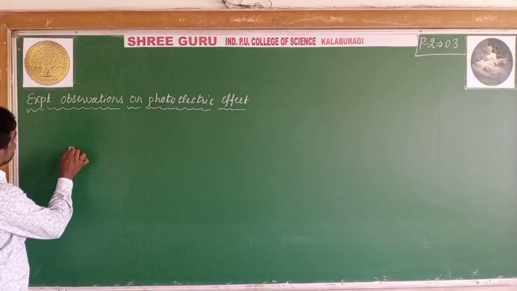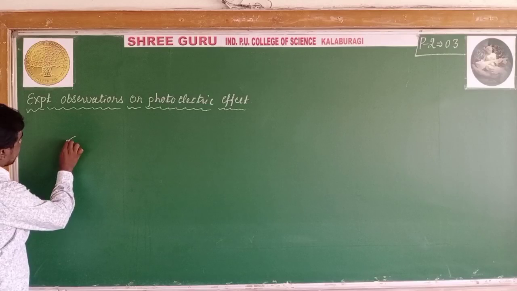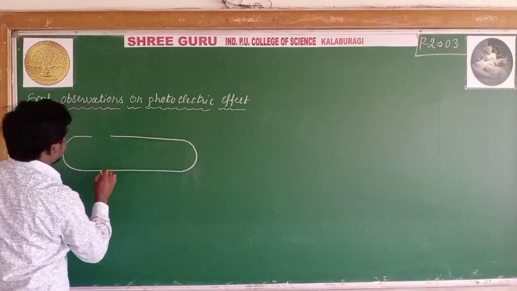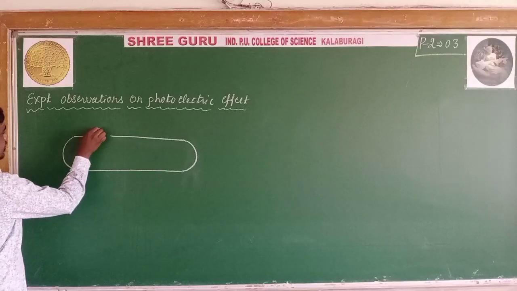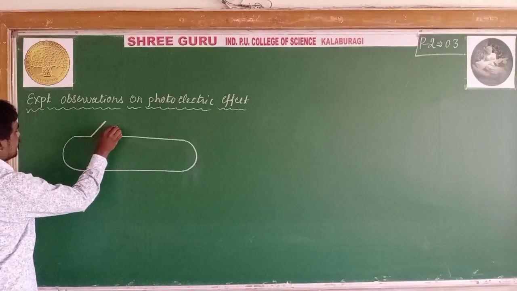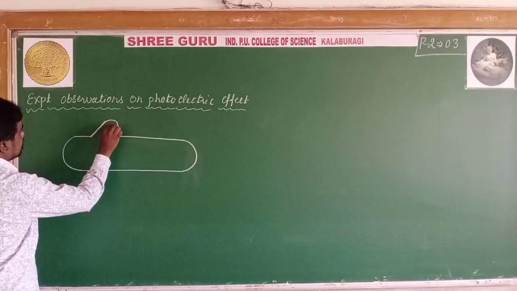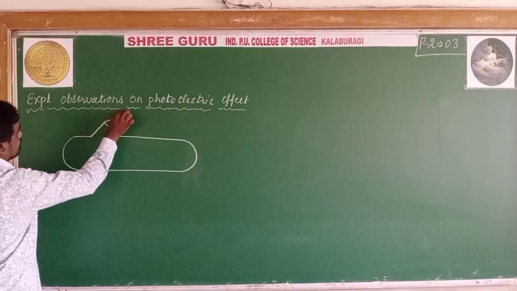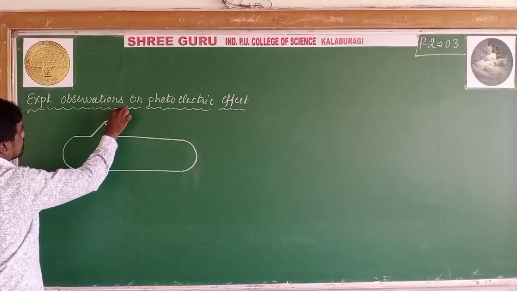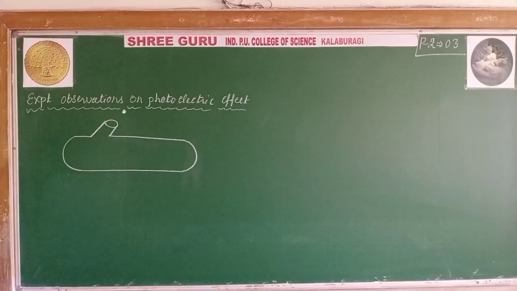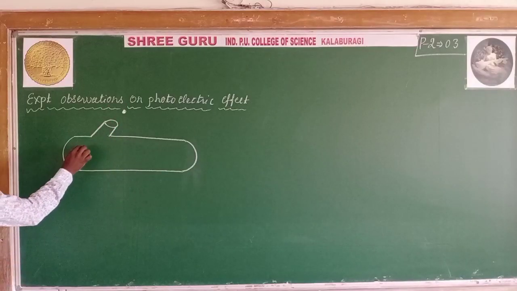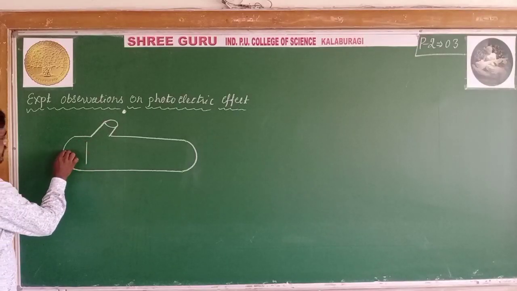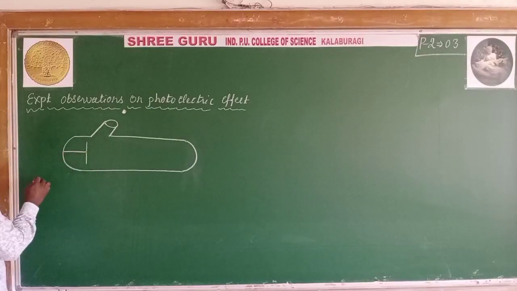We need evacuated tubes. Here is a quartz window. Through this, light of suitable frequency or suitable incident intensity is incident on these conducting plates or electrodes.